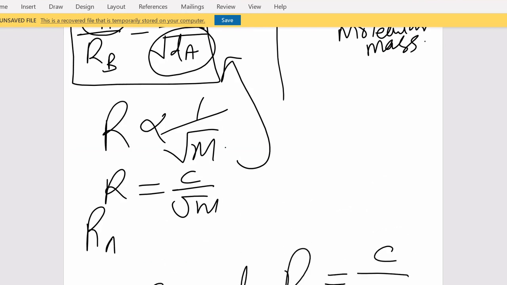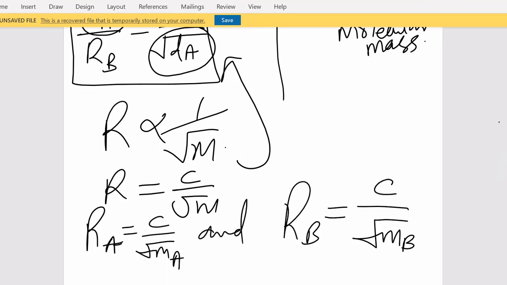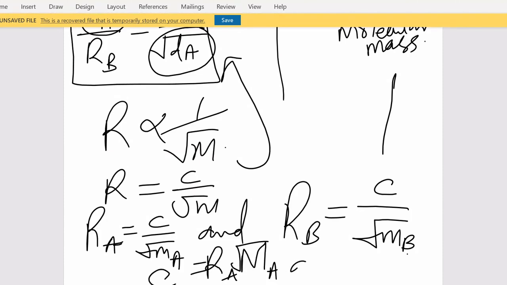So you make C the subject of the formula. It will be Ra square root of Ma is equal to C, and C is equal to Rb square root of Mb.